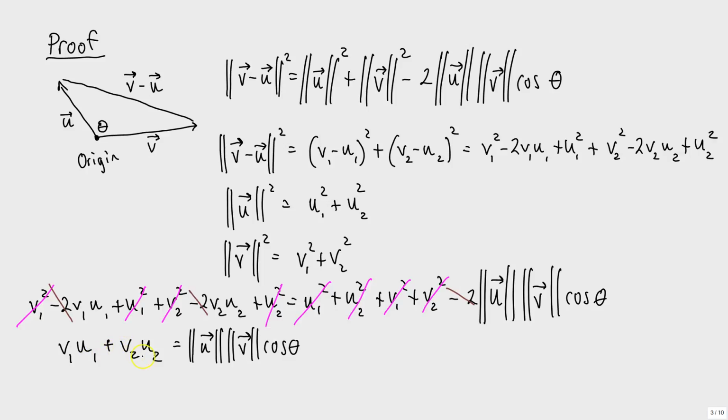And v1u1 plus v2u2 is the dot product. So that's u dot v.